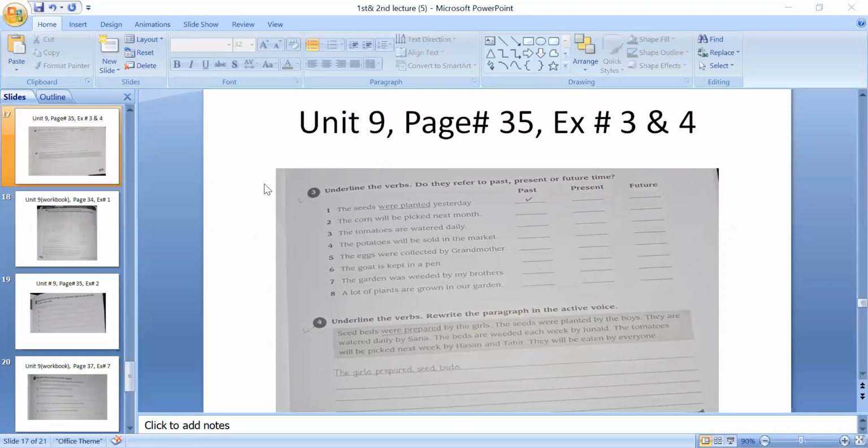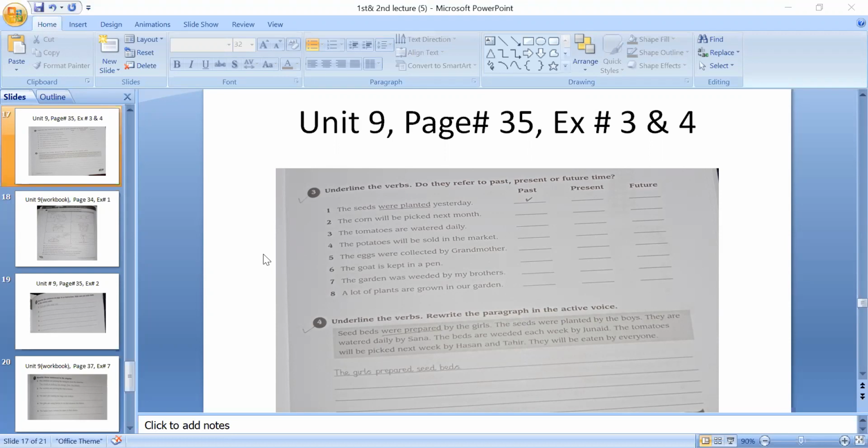Which verbs will be underlined? Hurry up, beta. Time is about to be over. Miss, ask me again. A lot of plants are grown in our garden.